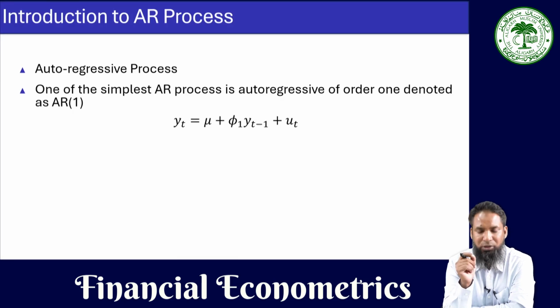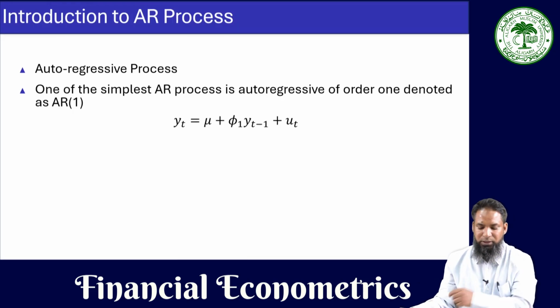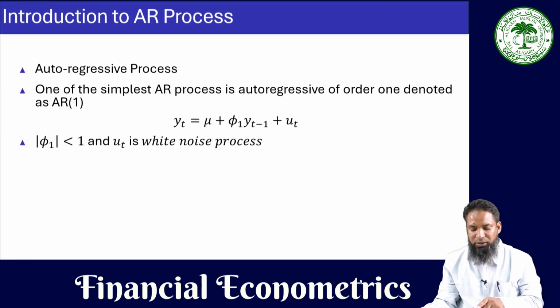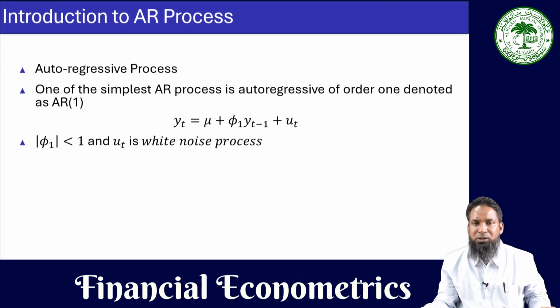The highest time lag associated with the autoregressive process is known as the order of the process. Here the highest lag is y_{t-1}, so we call it an autoregressive process of order 1.